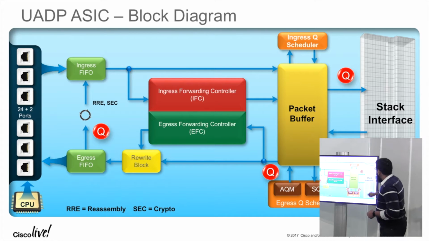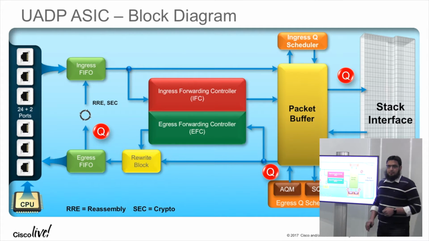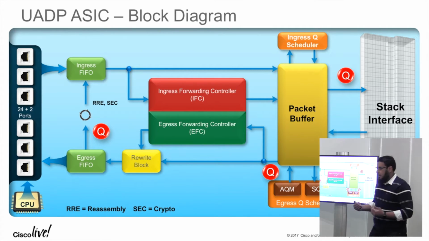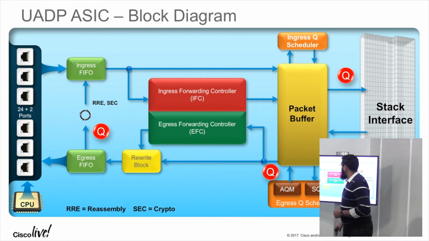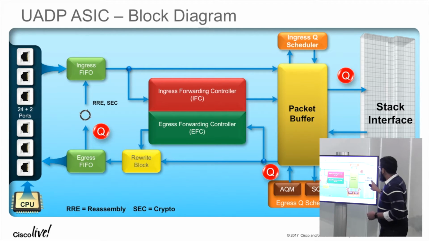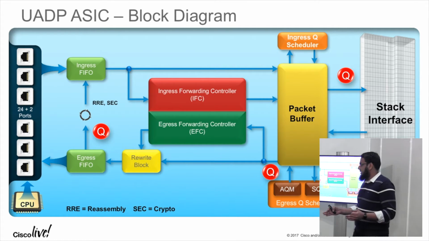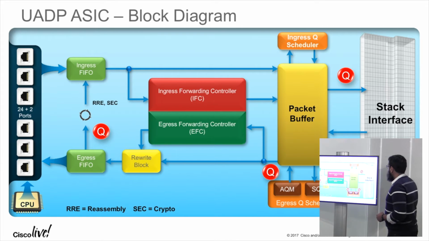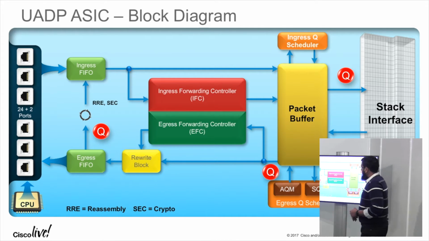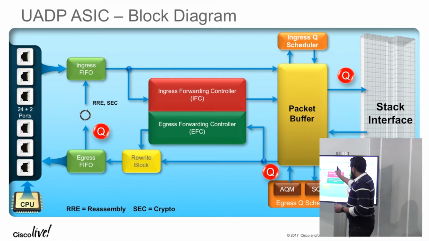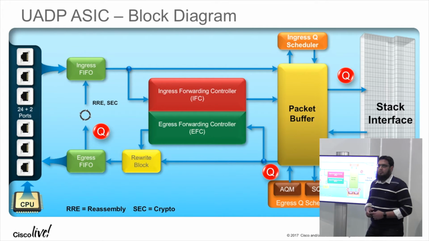We have the stack interface on the other side. So your traffic is coming in from the front panel ports on the left. It could go to other ASIC potentially on the same box or on a different box in a stack environment through the stack interface. And between these two interfaces, we have a bunch of different components.